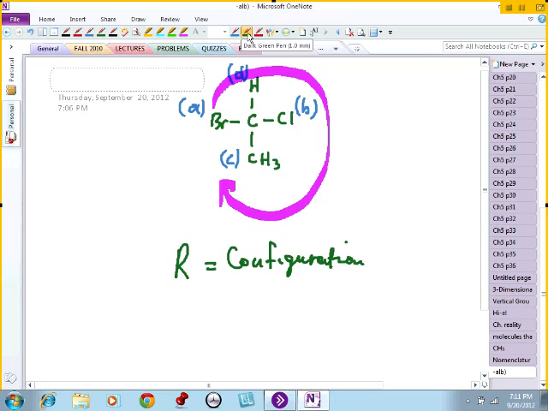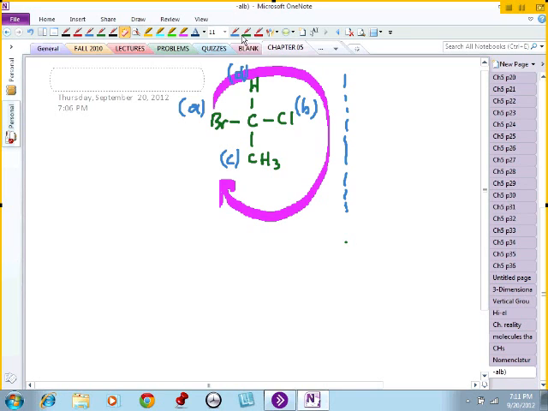Now, if I then draw the mirror image of this, what would be the name of this compound, therefore? Let us complete that. The name becomes R in parentheses, 1 bromo, 1 chloro, what's the base name?